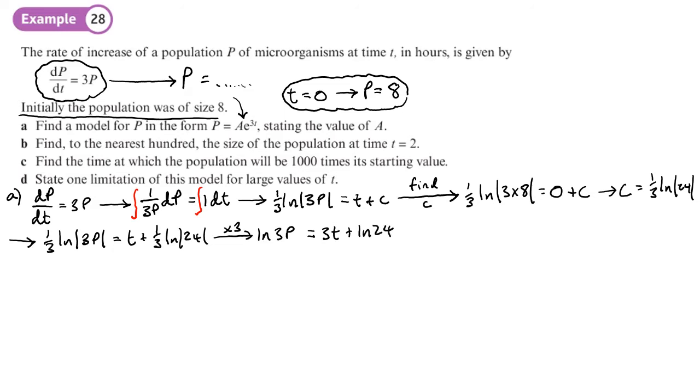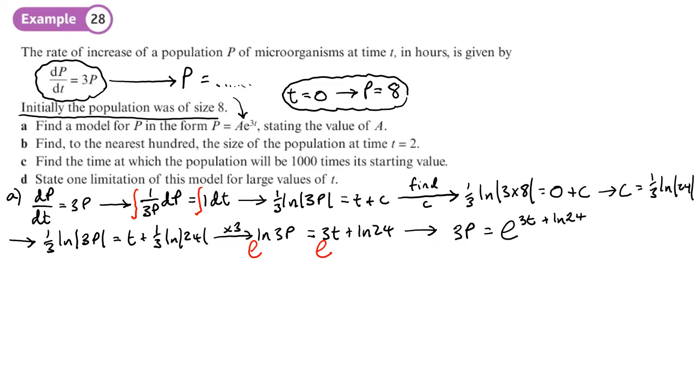If I now raise both sides to the power e, then I will have 3p equals e to the 3t plus log 24.